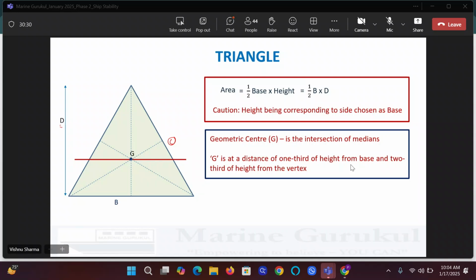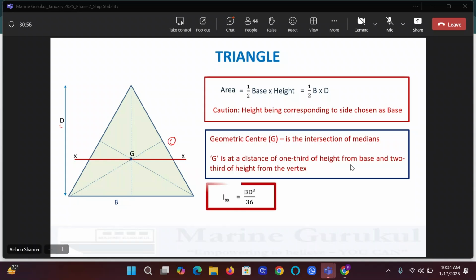What is this axis? XX. How do you define it? Passing through G and parallel to base B. If it is passing through G and parallel to base B, then IXX of this triangle will be BD cubed by 36.